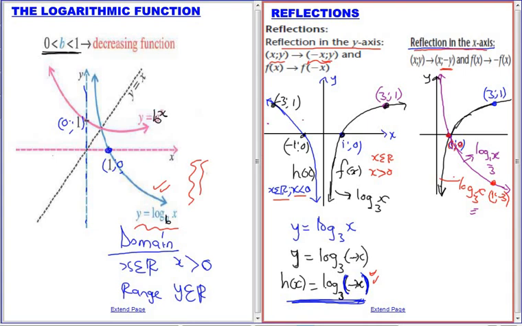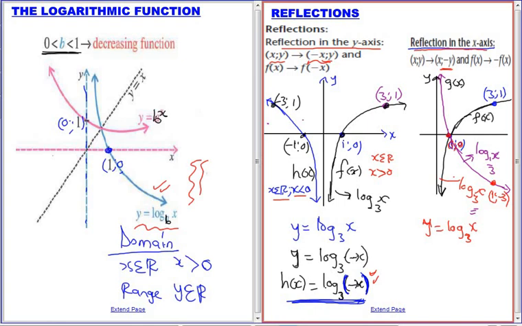So if your original function was y is equal to log to base 3 of x, the second function that you write, we can call it g(x) now. Let's call this one g(x), and this one is still f(x), the original one.